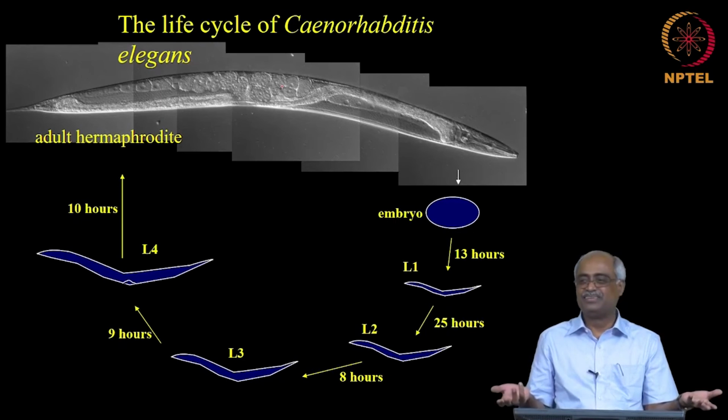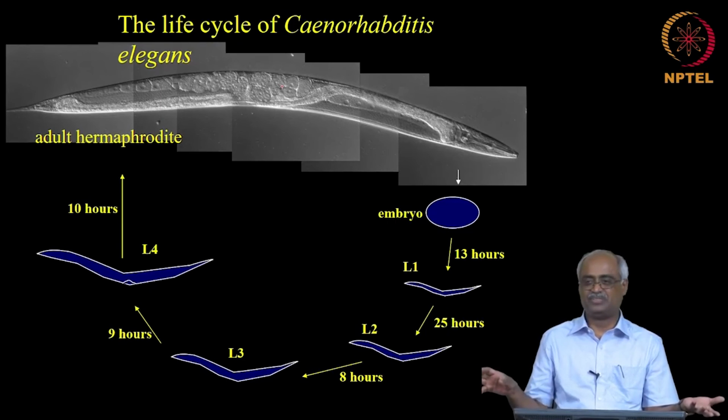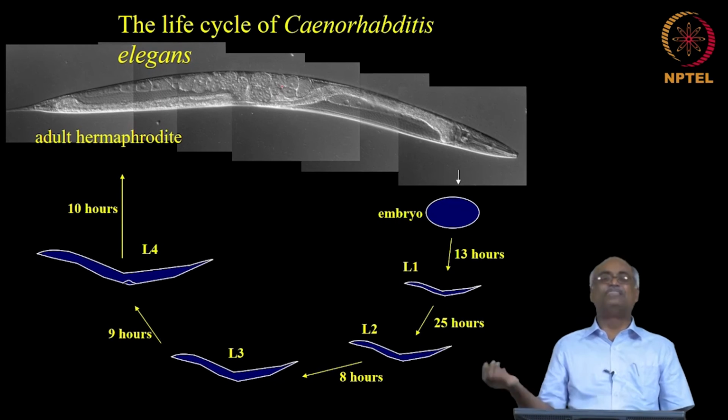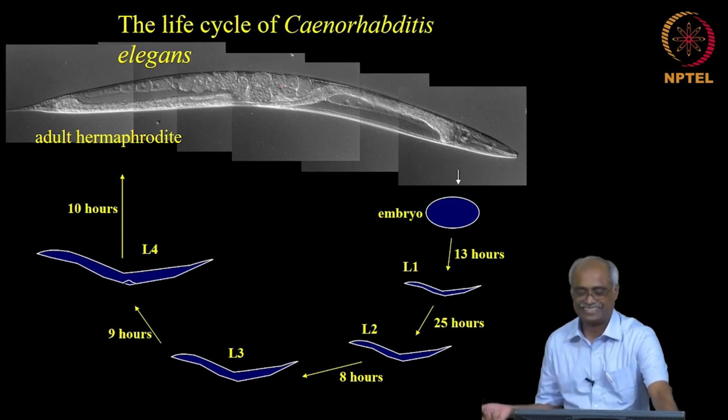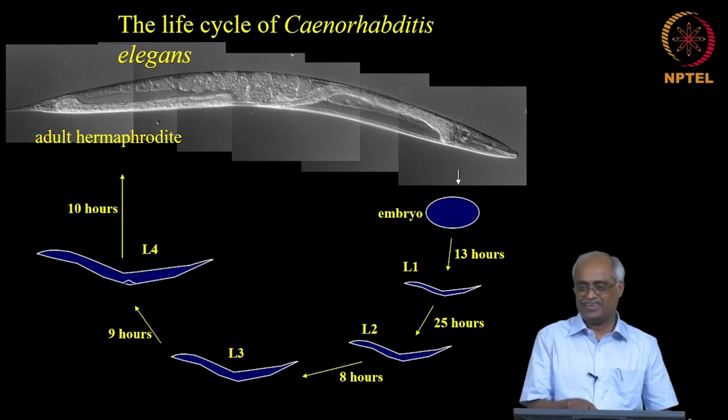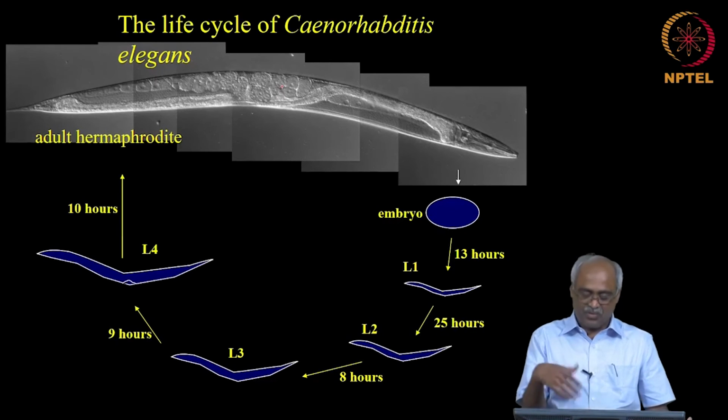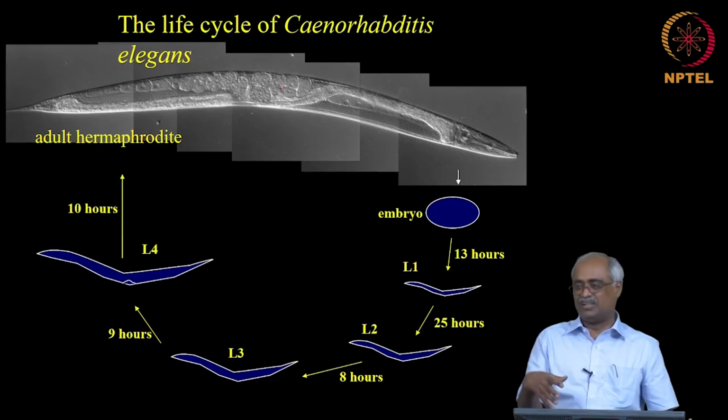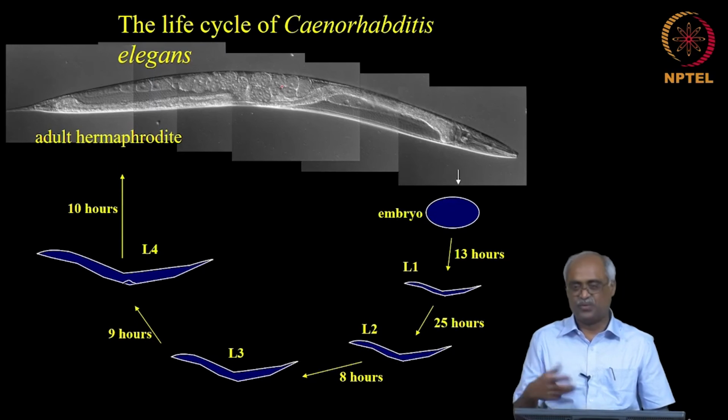Forget about ethical questions, it is a difficult organism to work with. So, those are some of the advantages with C. elegans. There are more, but I am not going to get into all those details, we will learn them as we go.